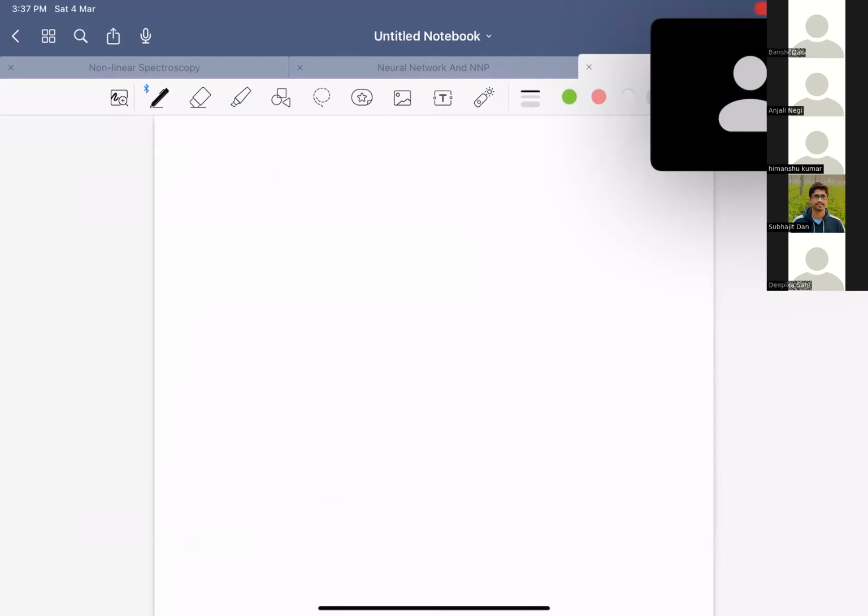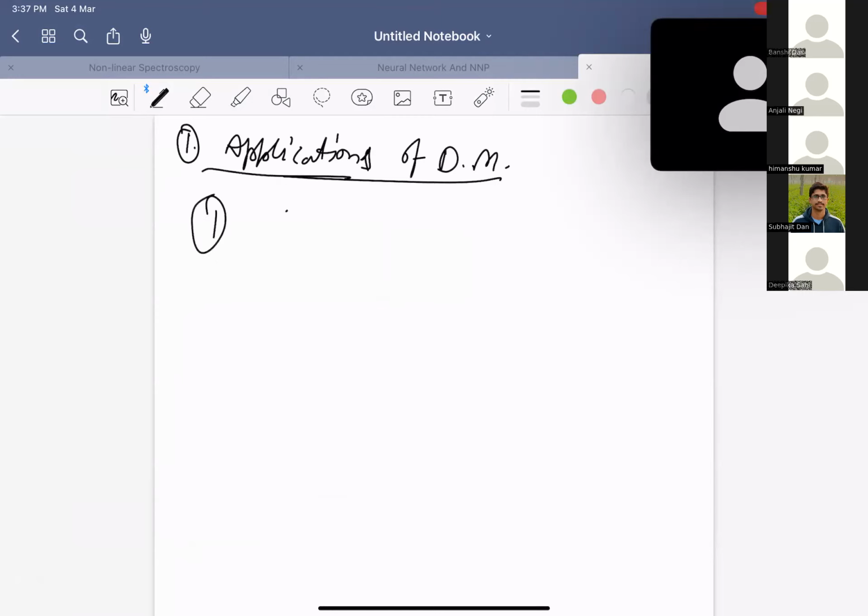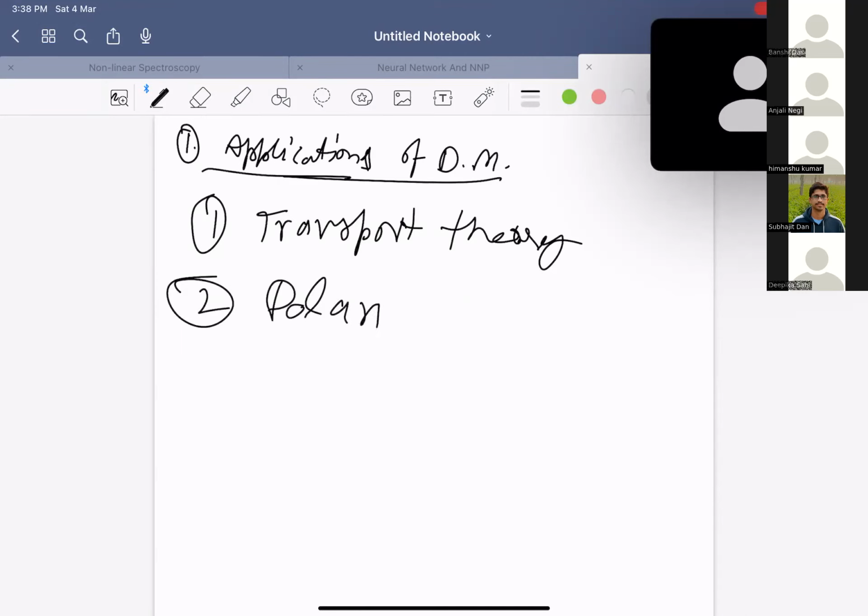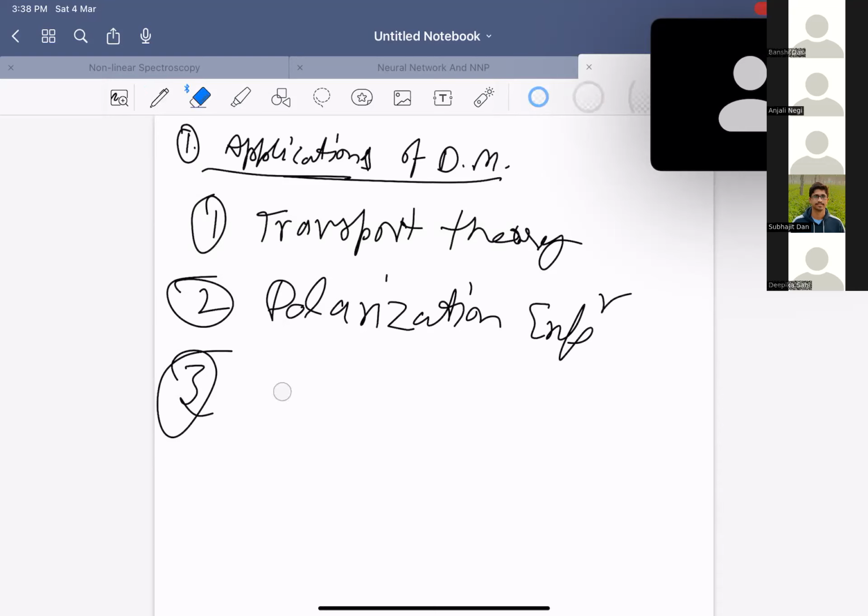So this is all, and in the next class I will be discussing its applications. Applications of the density matrix: in transport theory, polarization experiments, and also in how the equilibrium state can be described.